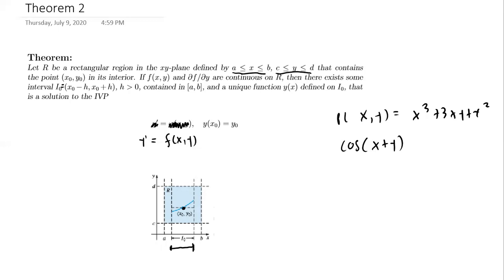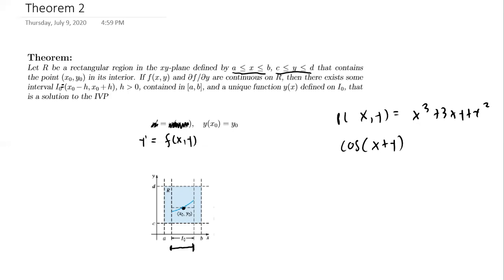It's an interval containing x0, and that's contained in the original interval for x. Right? So the interval for x originally for this region R was the whole AB interval. So you're guaranteed that you can find some sub-interval inside that original interval AB, which contains x0, and you're guaranteed that a unique solution to this initial value problem exists on this interval. So as you can see, it's very similar to the previous theorem.